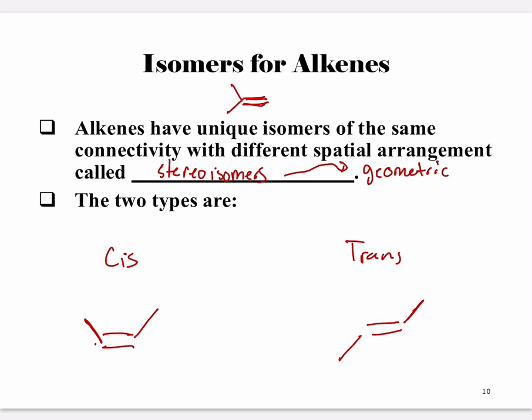So for example, in trans fatty acids, you'll have these trans double bonds throughout the fatty acid side chain versus cis double bonds. And that, you can imagine, changes the shape of what a long side chain would look like, right?